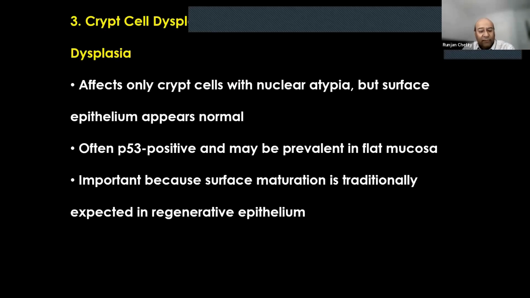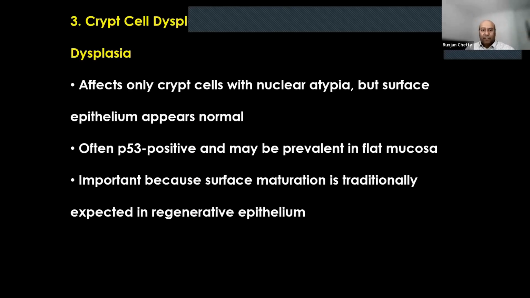They tend to occur in flat dysplastic lesions rather than polypoid. It's very important to be aware of this entity and not miss it, because the patient will then be consigned to a normal surveillance protocol because of the surface maturation or surface regenerative change.